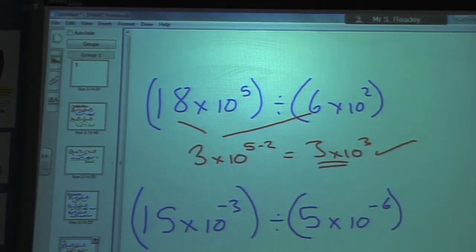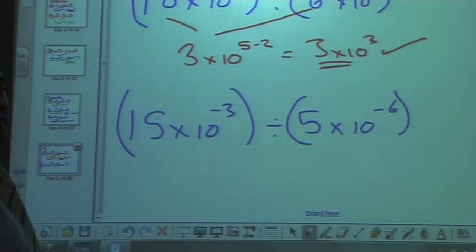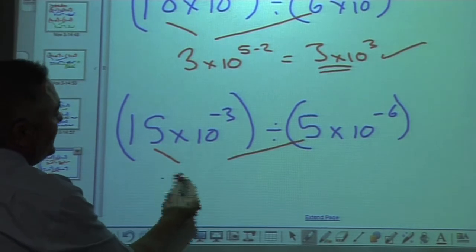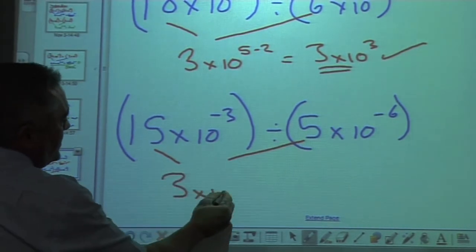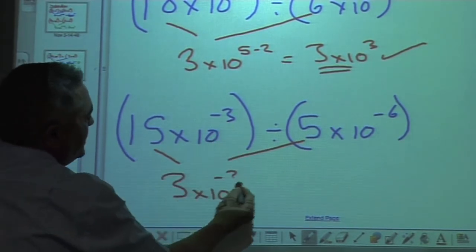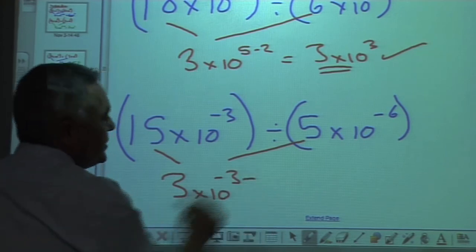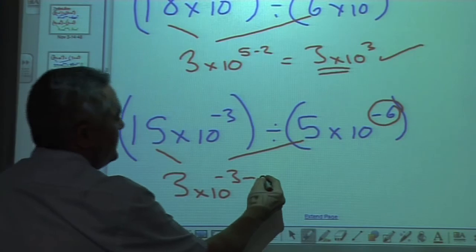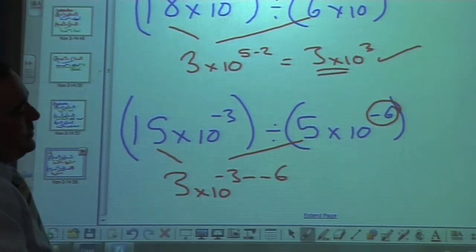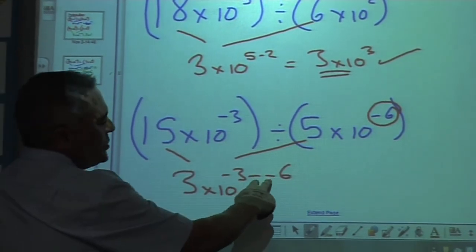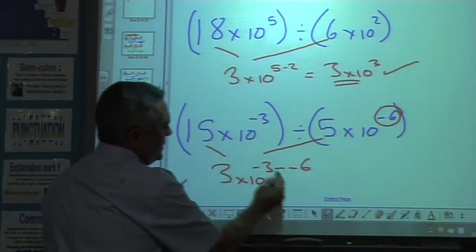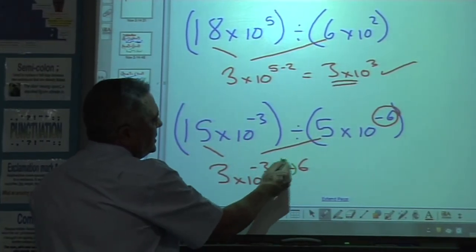The next one, throwing this into extend a little bit. Divide again, 15 divided by 5 is 3, times 10, minus 3, minus the minus 6. What's this going to give us here? That's going to give us an addition.